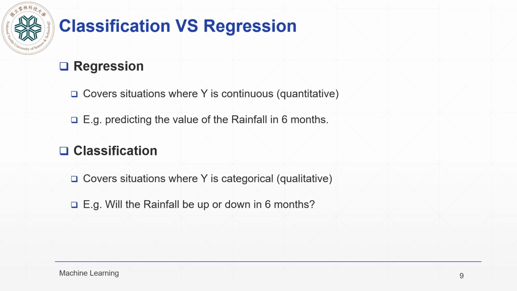We want to predict the value of the rainfall in 6 months. This is a regression problem. And for classification, another example is, will the rainfall be up or down in 6 months? This is a classification problem. We have some more examples in terms of Python programming, and we will teach you how to run regression and classification.